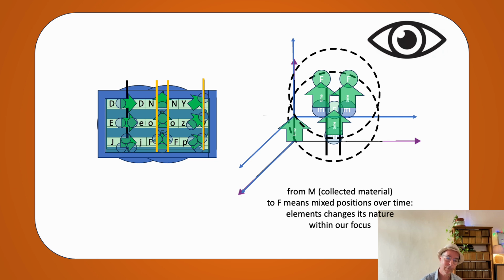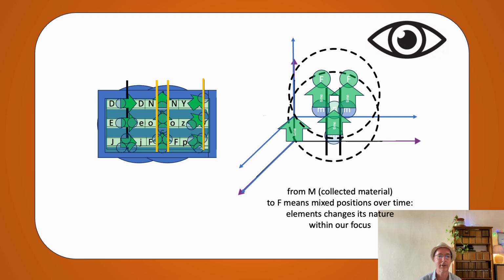When you evolve to the next level of understanding of time, it also means your focus in time will move a little bit, and the elements will not reach other elements, but their positions will move.